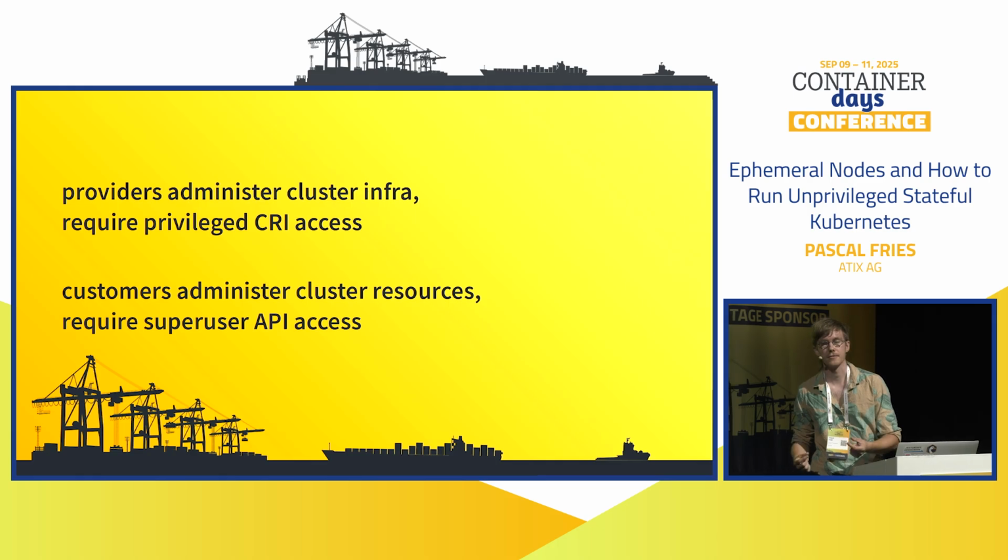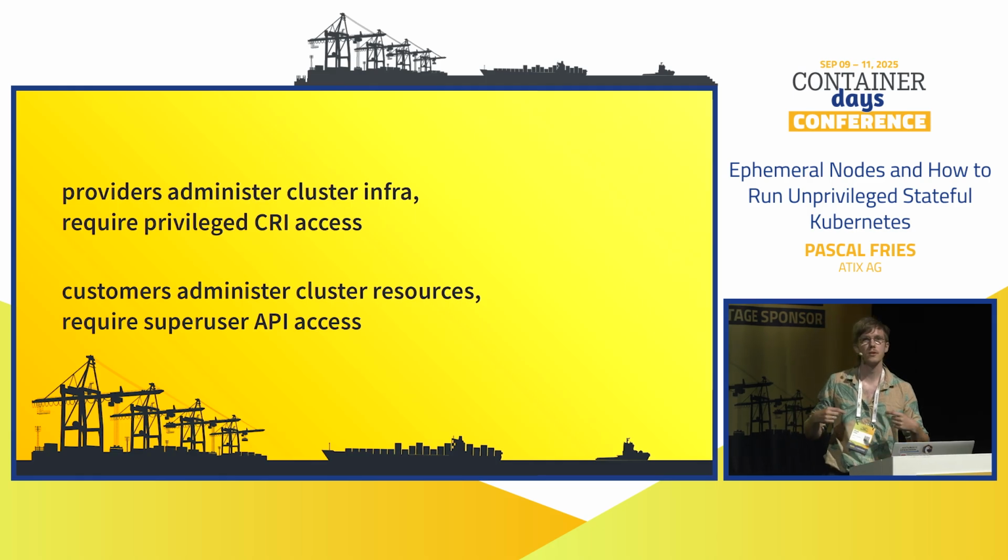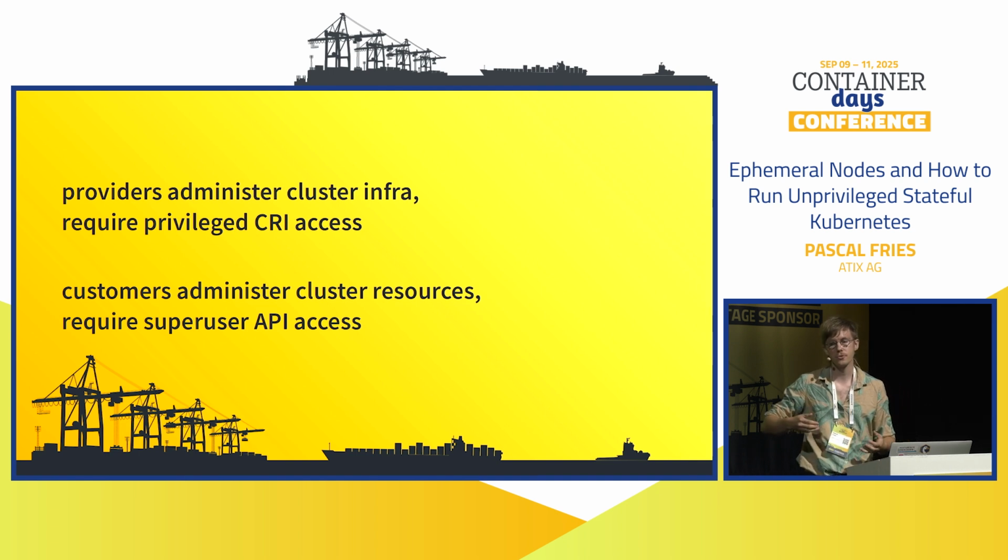On the other hand, your customers will consume Kubernetes as a product. If they're doing so, they need to be able to interact with the Kubernetes API, and ideally, they require superuser API access. And by superuser, I generally mean cluster admin.